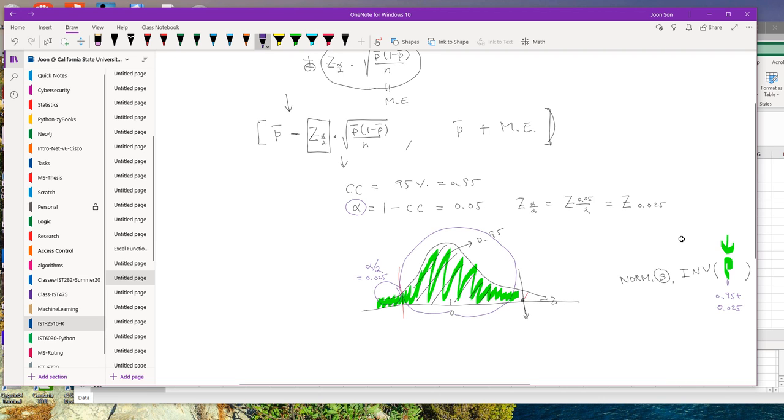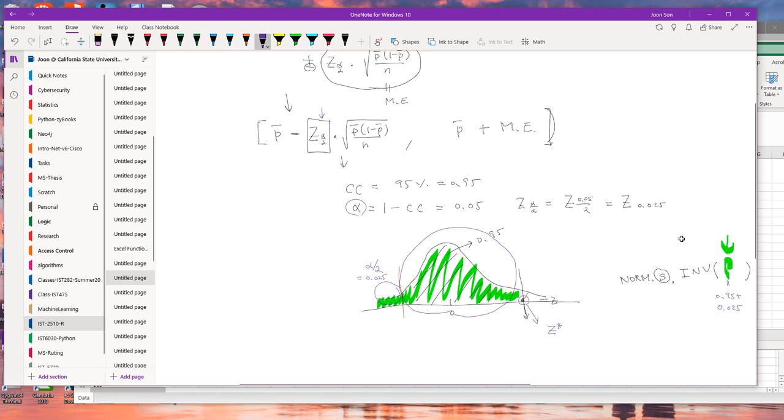That's the value you put in to compute this z critical value.